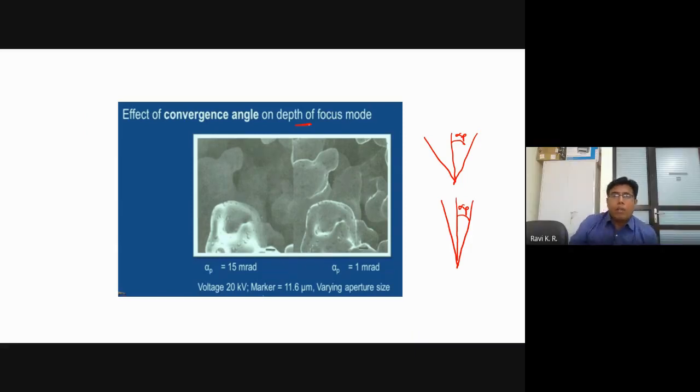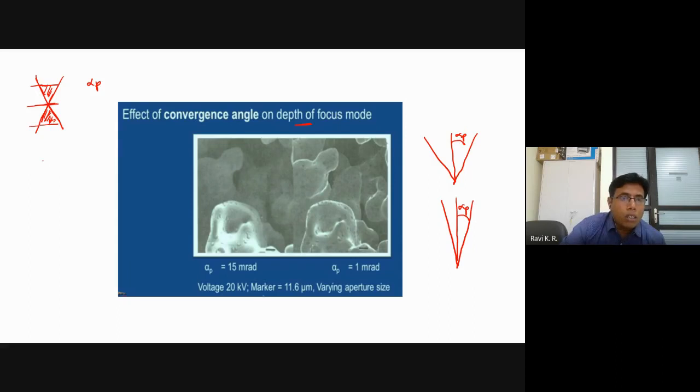Smaller angle, because depth of field is something like this: let's say this is your imaging area, and how far you can move away from it. For higher alpha p, you get the focus on the other side also.